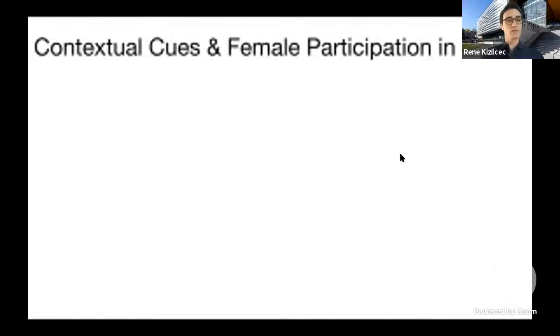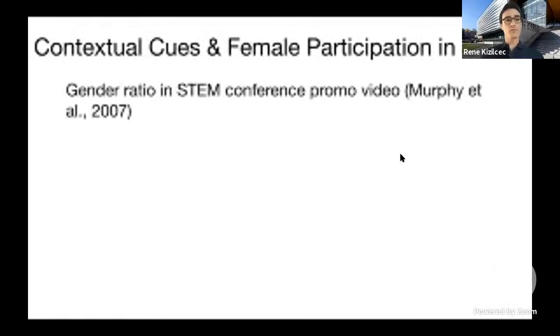Some work has shown that the gender ratio in a STEM conference promo video, a short video about a STEM conference where they varied it from one third women to two thirds women, had an impact on how women perceived the likelihood of belonging in that environment and how much stereotype threat they experienced.